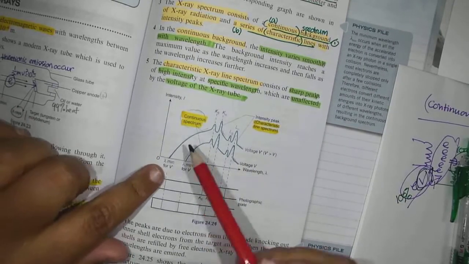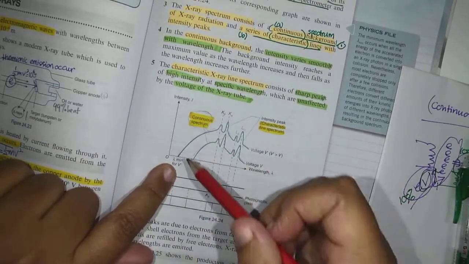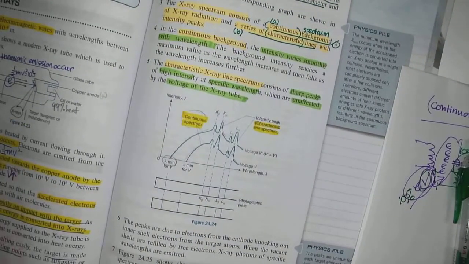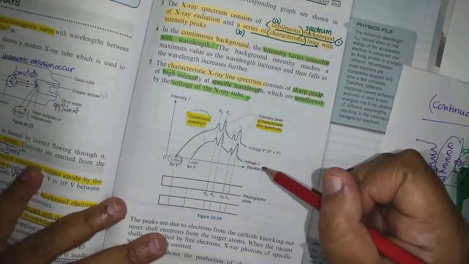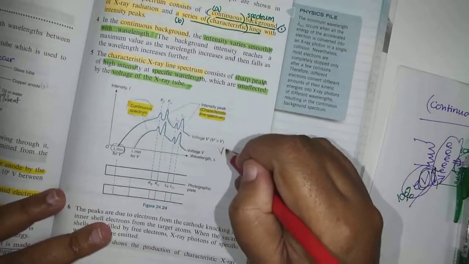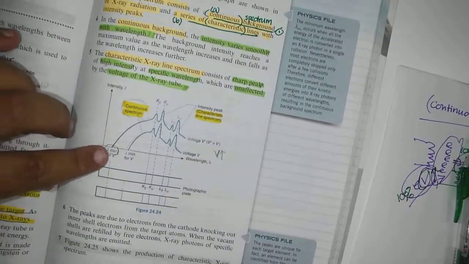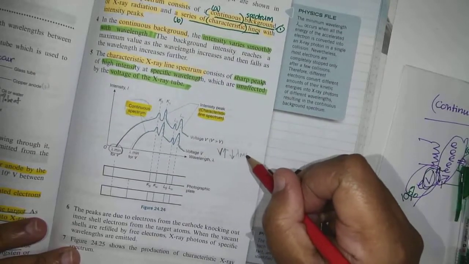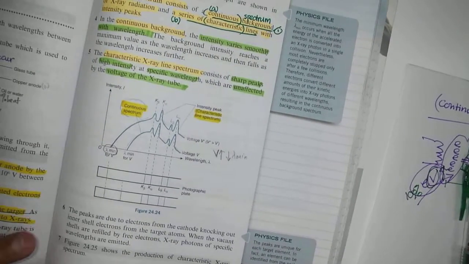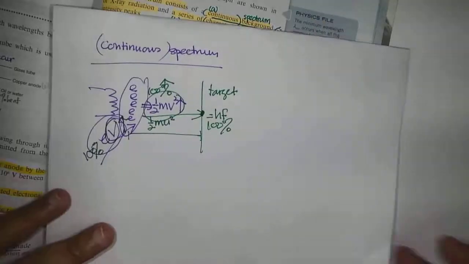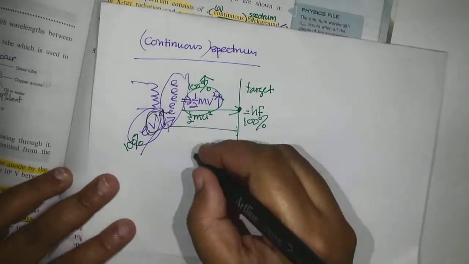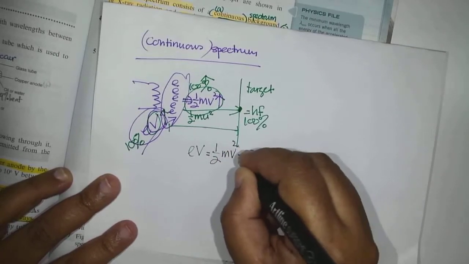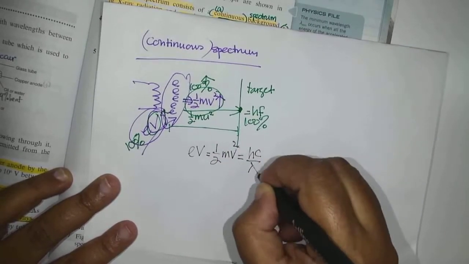Now if you see here in the continuous spectrum, you will notice the term lambda min. If V increases, you will notice that lambda min is decreasing. Why? Look here. eV is equal to half mv squared, which is equal to hc over lambda.